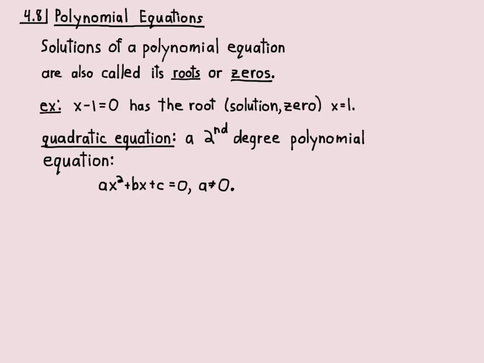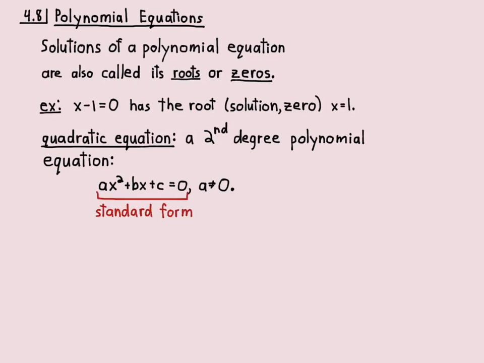The reason a can't be 0 is because if a was 0, then this term wouldn't even be there. The highest power on x would be a 1 and it would be a first degree polynomial, which we call a linear equation. Okay, so that's the only restriction, but b or c or both b and c can be 0 and it'll still be a second degree polynomial equation.